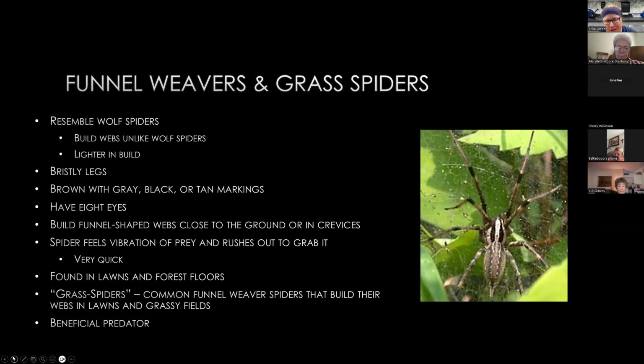And then the grass spider, as I mentioned, is a type of funnel weaver that builds its web in lawns and grassy fields. These are very beneficial, kind of like our sheet weaving spiders, where they are going to eat a lot of our pests, a lot of the pests in our ag lands.